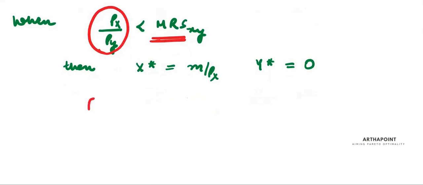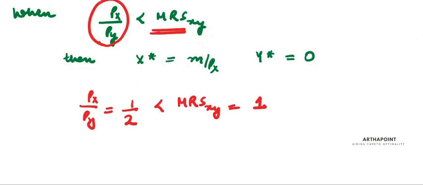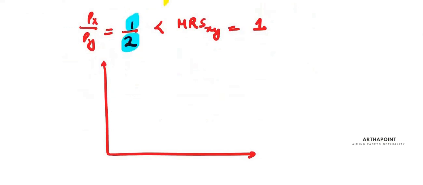Supposedly, I take Px by Py as half and MRS XY as 1. Clearly, half is less than 1. Now notice what I'm going to do. Half means perpendicular is 1 and base is 2. So perpendicular is 1 and base is 2.